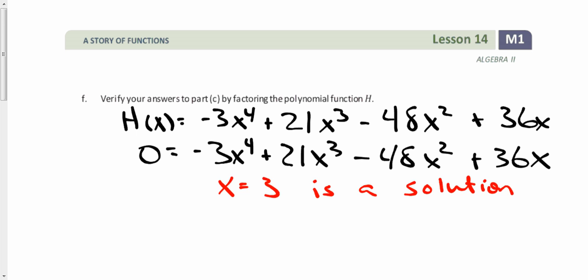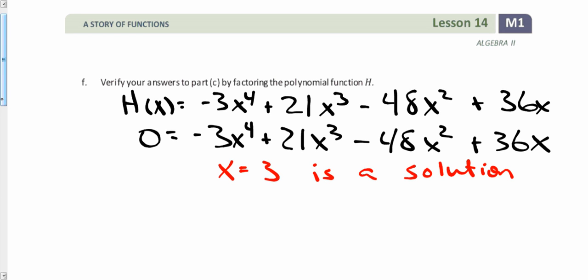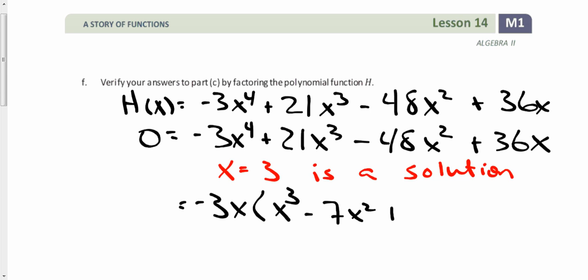Now, I'm going to rewrite this, factoring out that negative 3x that I factored out earlier. That leaves me x cubed minus 7x squared plus 16x minus 12.